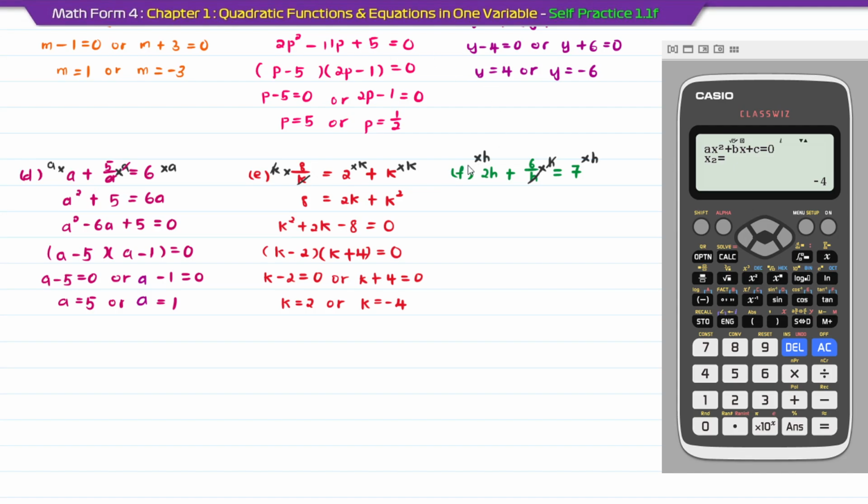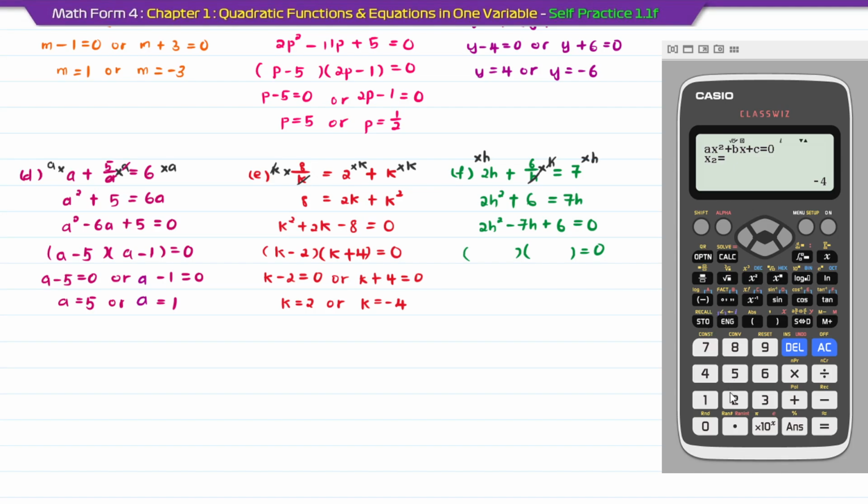So when you multiply it, later on you're going to have 2h times h, 2h squared, plus 6 equal to 7h, 7 times h. So rearrange it in general form, 2h squared. So this one moves to the front, minus 7h plus 6 equal to 0. So later on you can do the factorizations.